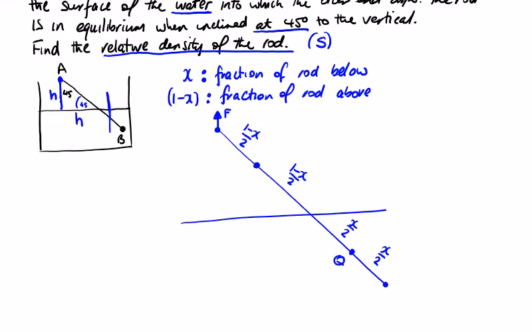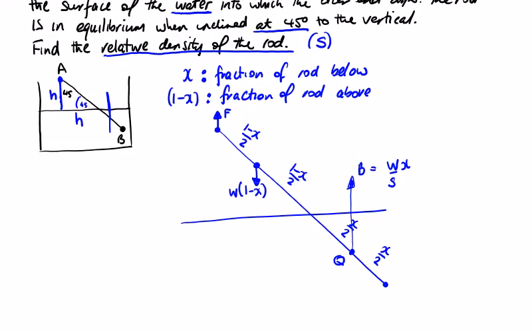So what's going on here? We have the buoyancy of this rod in water, and buoyancy is equal to the weight over the density of the object. Now we have a fraction of it immersed, so we'll have to multiply that by x. We also have the weight of the object here, and the fraction of it coming down, well, it's 1 minus x, which is above the water.